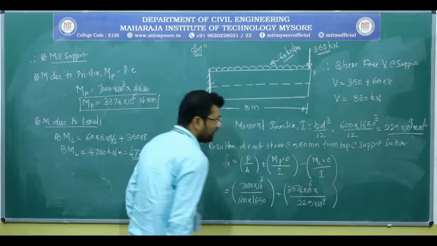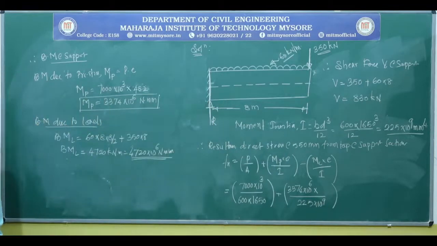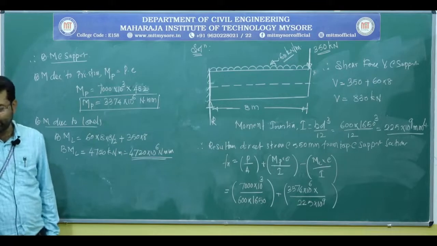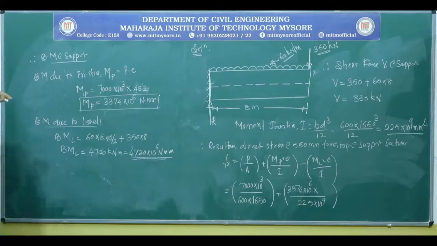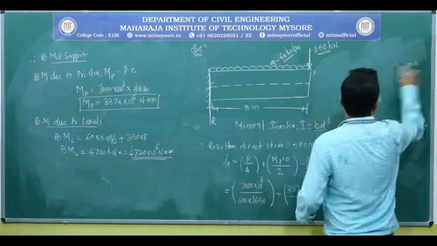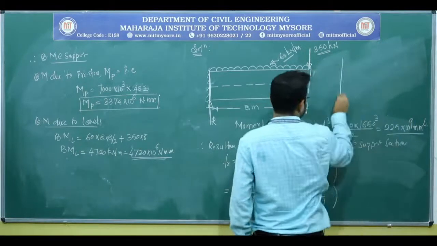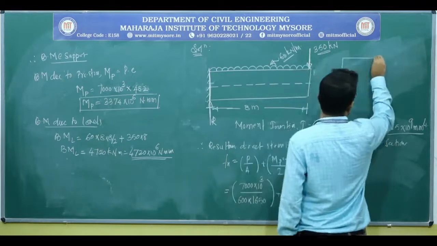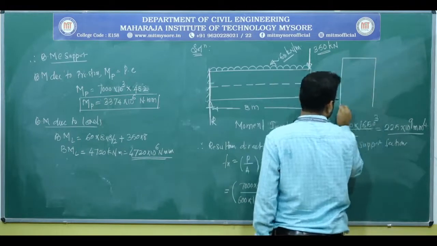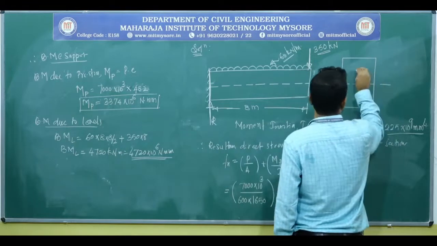So can anybody tell me how much is eccentricity here? See, we are calculating the stresses not at the center of the pre-stressing cable, we are calculating somewhere else. See, if this is the beam, right? So this is the neutral axis.